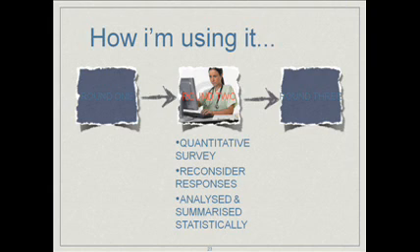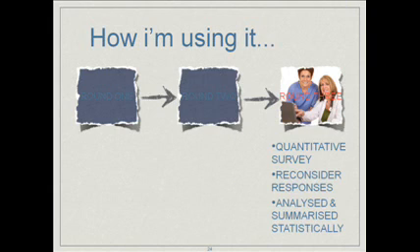Then data is analyzed again, and statistics are used to produce summaries for each item. Again, this information will be computed to provide participants with information about their collected opinions, allowing participants, again, to see where their response stands in the group. Then in the next round, they'll be given another opportunity to reconsider.